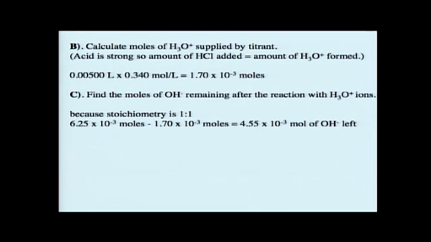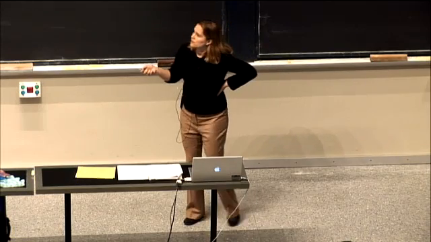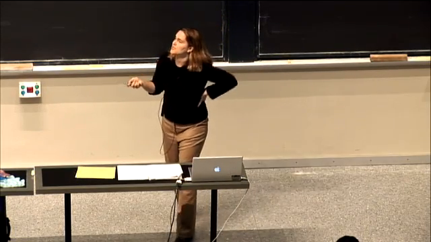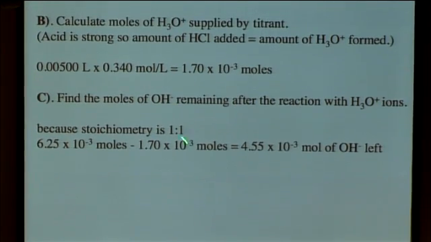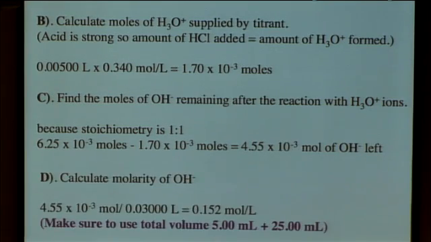So we had 6.25 times 10 to the minus 3 moles, and we added 1.7 times 10 to the minus 3 moles of the acid. So we're going to have 4.55 times 10 to the minus 3 moles left. And now we can calculate the molarity here.